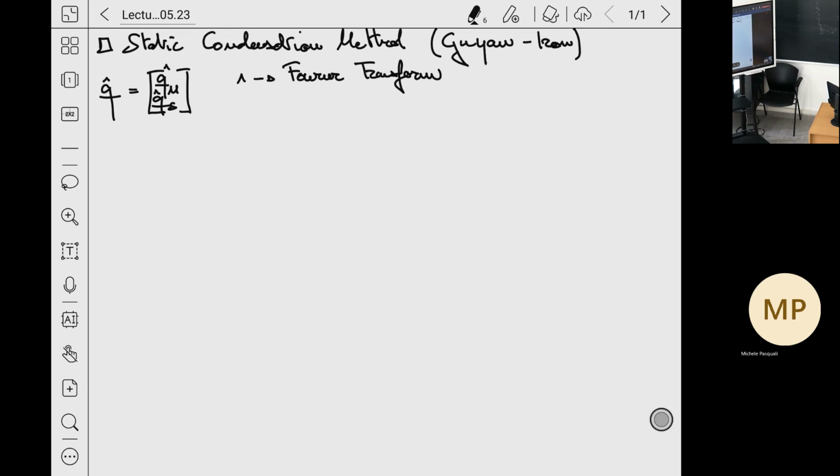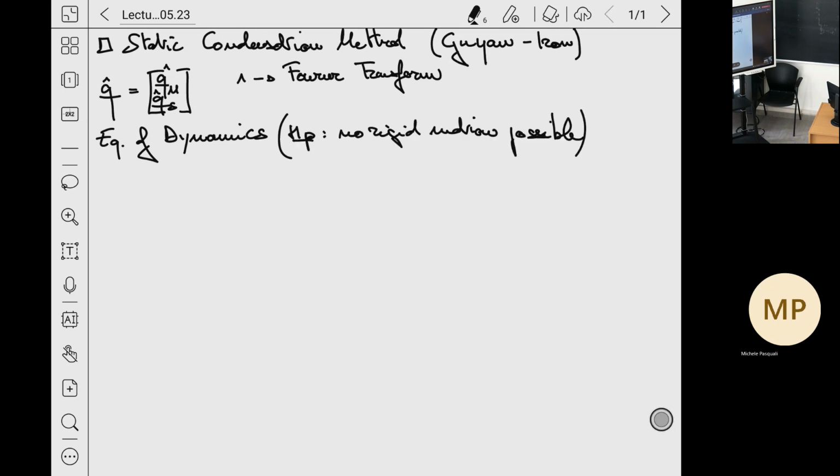In particular, for the equation of dynamics we made the assumption of a perfectly constrained model, so no rigid motion, just to simplify the formulation while retaining generality.